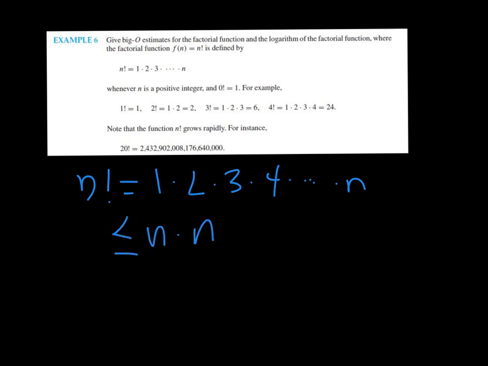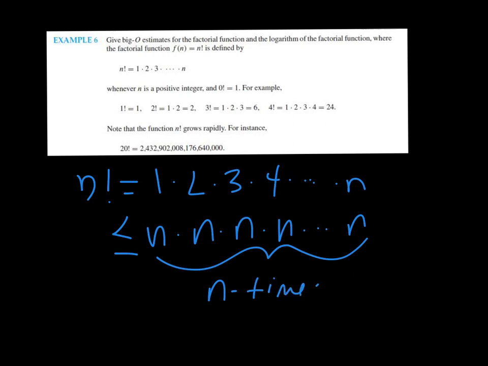So how can we give a big O estimate of factorial? Well, let's just notice that n factorial is 1 times 2 times 3 times 4 up through times n. But this is going to be less than or equal to n times n times n times n times n, where this multiplication happens n times.